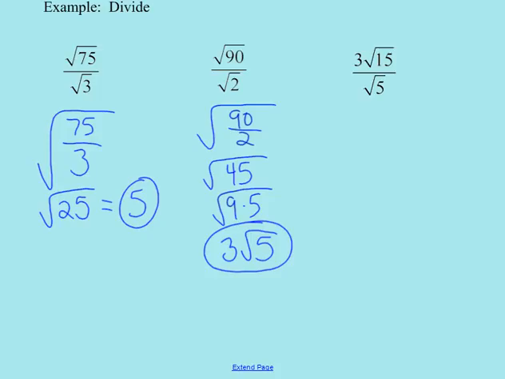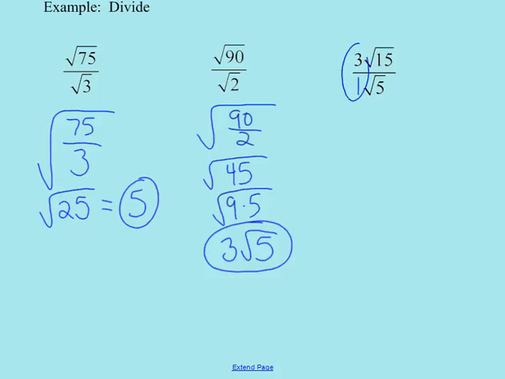In our last example, 3 square roots of 15 divided by the square root of 5. So in this problem, it's important to note that there doesn't appear to be a number in front of the square root of 5, but in reality, it's a number 1. So we're going to separate this into two problems that are really one problem.